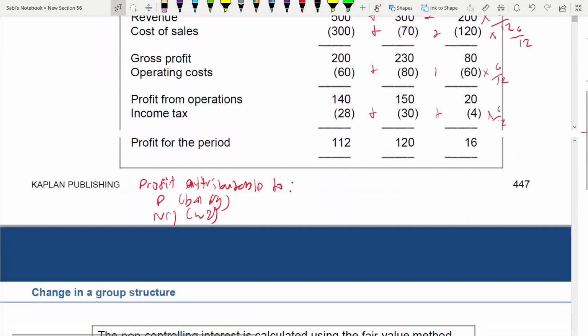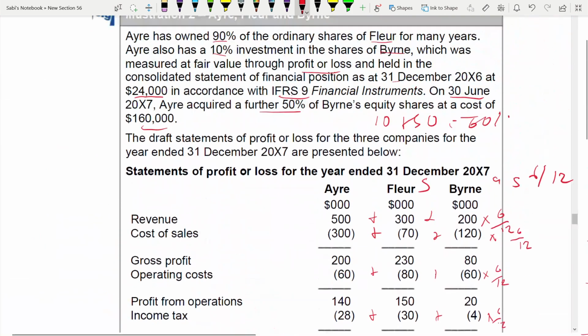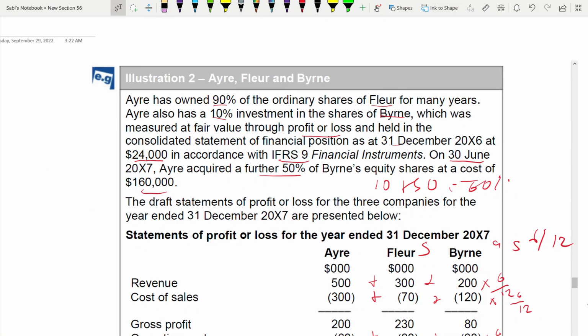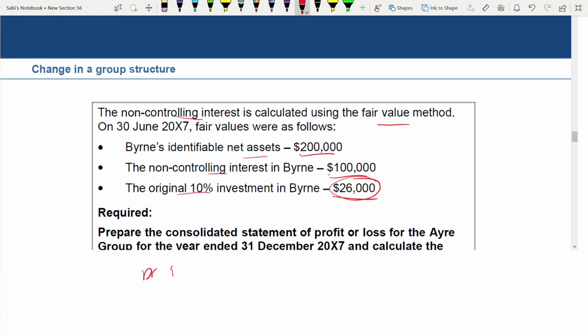So here, you see, originally it was for 26,000. Okay, and you are selling it for how much? It was held on 31st December at 24,000. So the difference, you have to debit. Okay, that's a revaluation gain. So you need to debit your investment. Okay, 26,000 minus 24,000, which is 2,000, and you need to credit this in profit and loss.